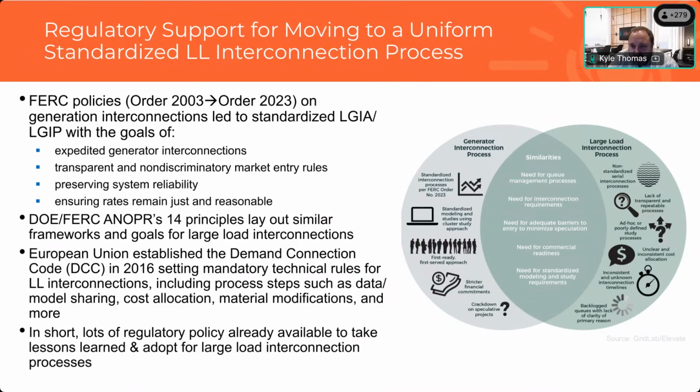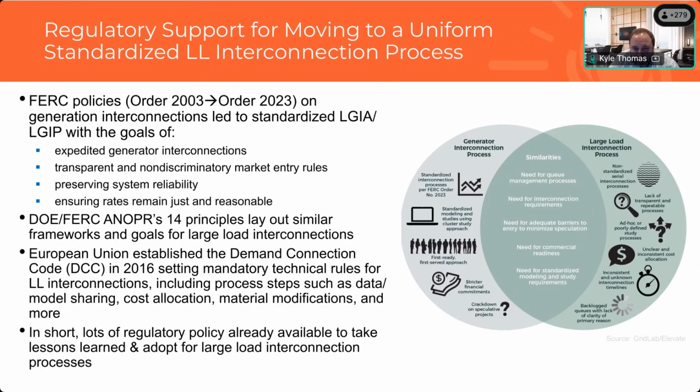There's that need for queue management processes, interconnection requirements, modeling requirements, commercial readiness, minimizing speculative projects, and standardized milestones and study processes throughout. That world of generation interconnection literally addressed those via FERC orders, from the original Order 2003 all the way to the most recent Order 2023.